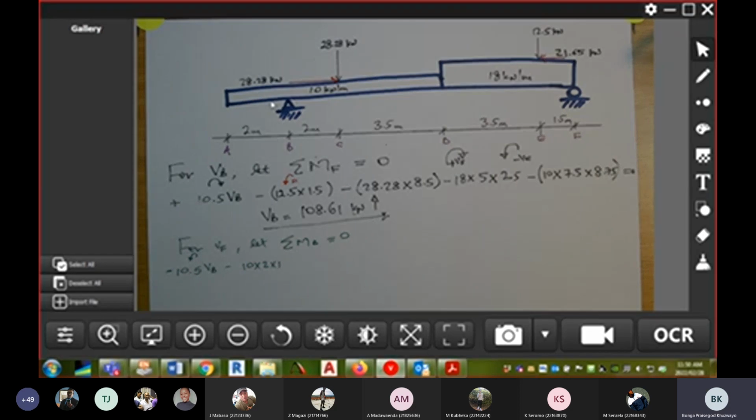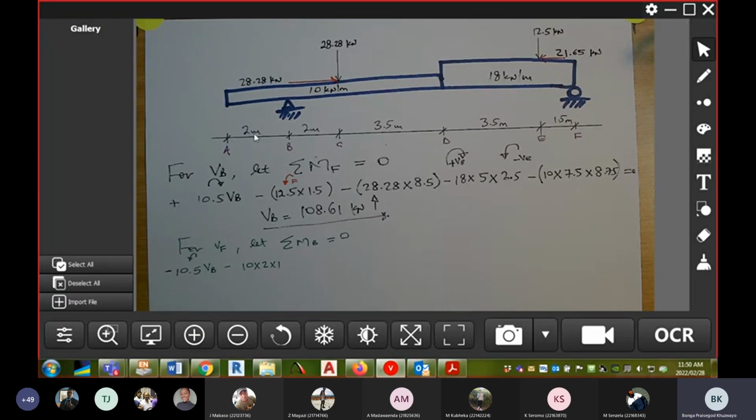You can just write it as 10 times 2 squared over 2. Then the rest are causing clockwise, so there's a plus there.